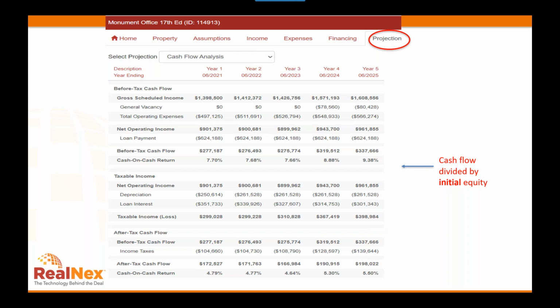We're getting a 7.7% cash on cash return. That's what I was referring to earlier as getting tough to have today, with interest rates having gone up relative to how much net operating income has increased on properties, especially office properties, right? We're not able to get the positive cash flow after the loan payment.